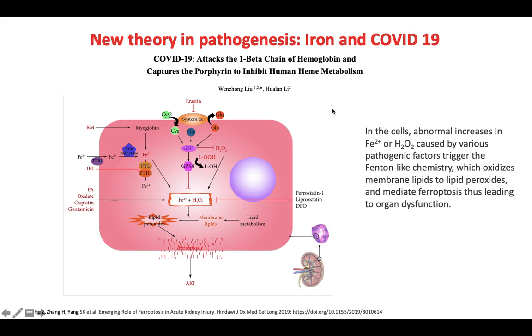When COVID-19 attaches to this beta chain of hemoglobin, Fe2+ is released into the circulation and becomes Fe3+, which causes lipid peroxidation of membrane lipids, leading to oxidative stress and free radical injury. That is also true for the pathophysiology of acute kidney injury. But after this, there is not much data. We have to wait and watch for more in-depth knowledge of COVID-19 related to this hemoglobin interaction.